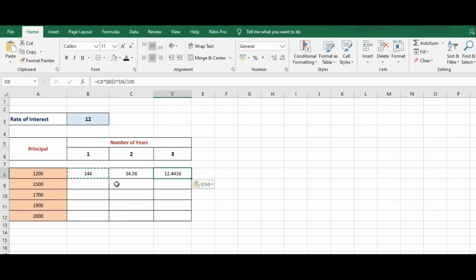But you can see that in all three cases the rate of interest cell reference B3 is fixed. So this is an example of mixed referencing, where we are using absolute and relative referencing altogether.